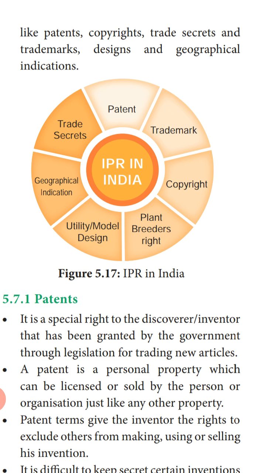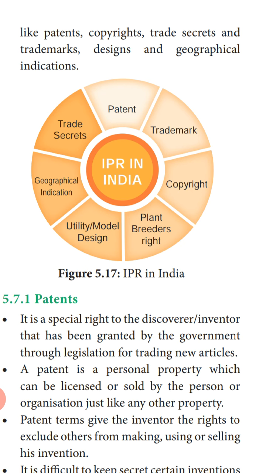Before that, we can see the IPR in India. These are the following intellectual property rights given in the form of patent, trademark, copyright, or plant breeders' right, that is, when new modified plants are developed, the developer has the right over those plants. Then the utility or model of the design, that is, the design of a particular machinery or an art object, can also be protected.